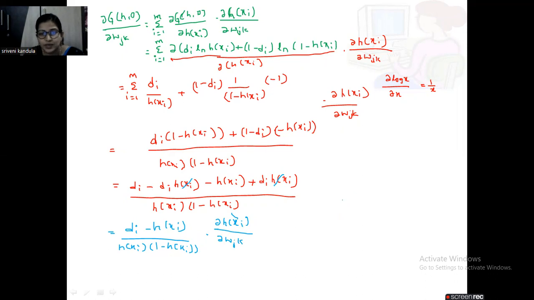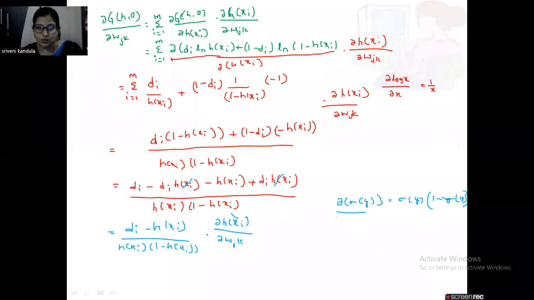If you take the derivative of the sigmoid activation function, we will be getting σ(y) into 1 minus σ(y), right? So that is the speciality of the sigmoid function. You can perform a derivative on it.